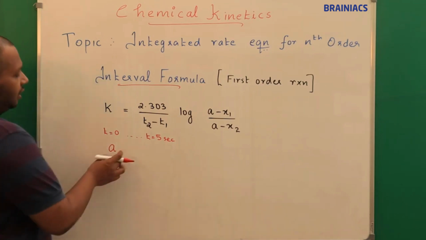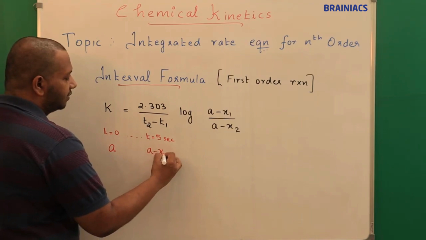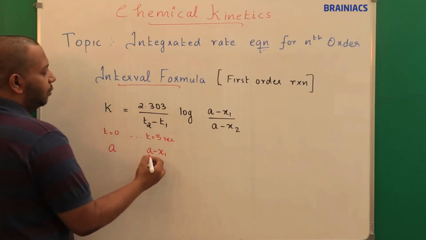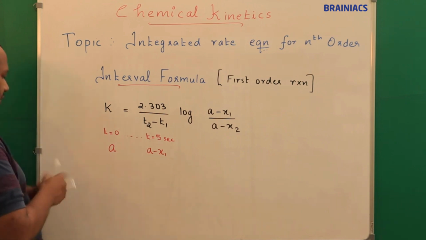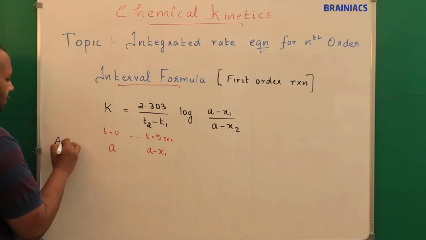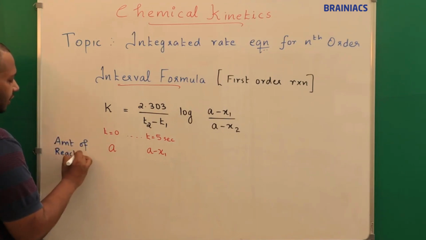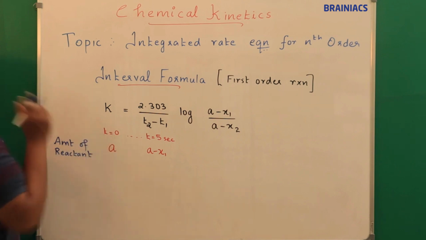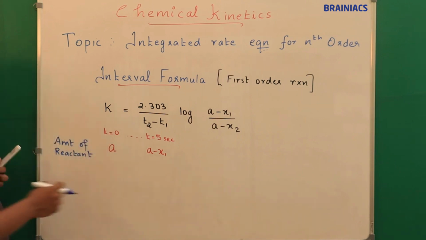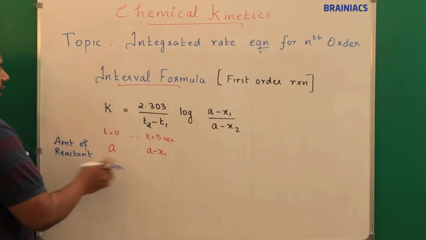Now we know that this A has decreased, and let me assume A minus x1 is the amount of reactant that is remaining. Here I am talking about the amount of reactant, not the product, because for rate we always use reactant, correct? So at time t is equal to 0, A is the initial concentration of the reactant. Now after time t is equal to 5 seconds, what is the amount of reactant?